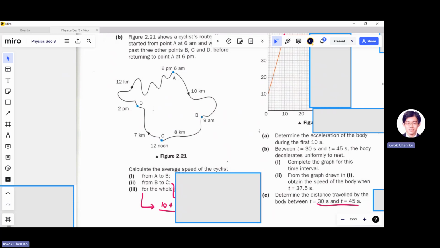The instrument shows that there is a lot of it. Decelerating. 10 seconds.